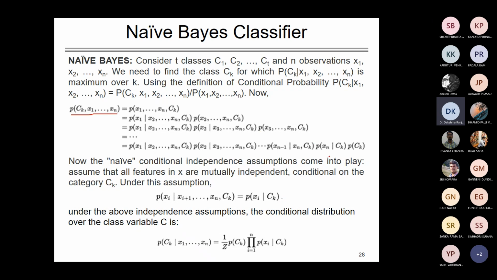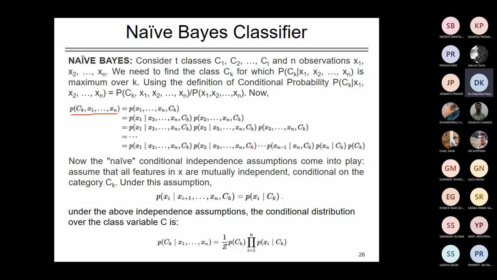Since we are considering a particular class Ck, for the Ck class we can get the marginal probability for n number of observations or n number of features.